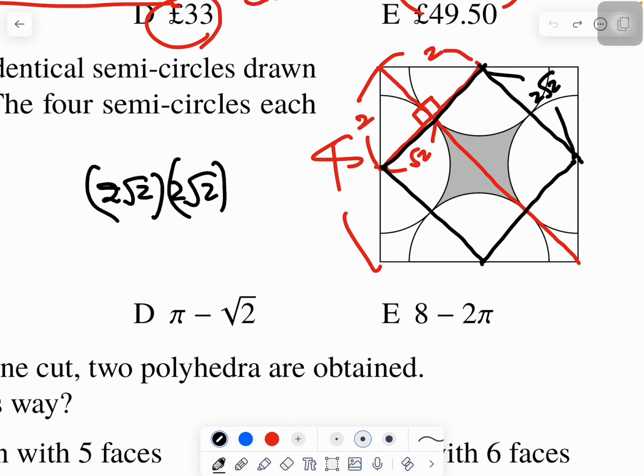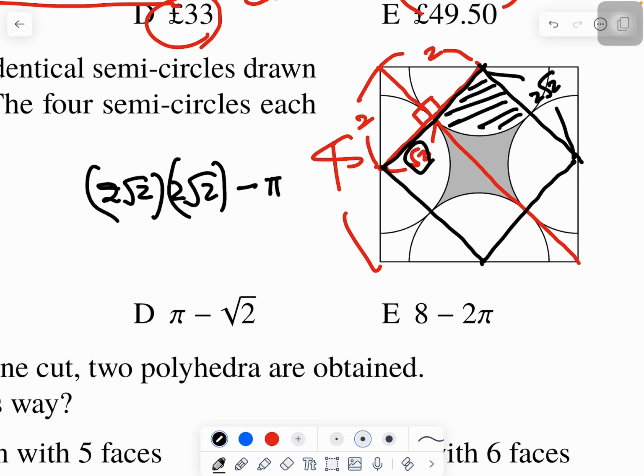But we want only this shaded area, so we need to take out these 4 quarters of the circles, which means 1 circle. And it has radius of square root of 2. So I'll take out just 1 circle.